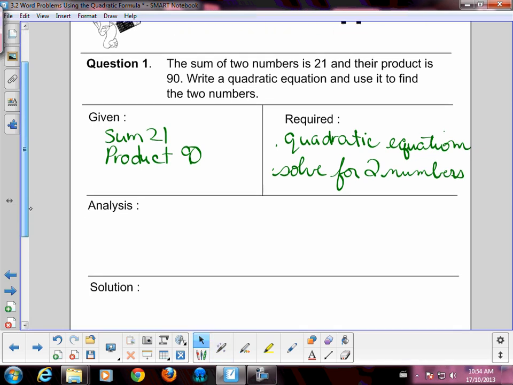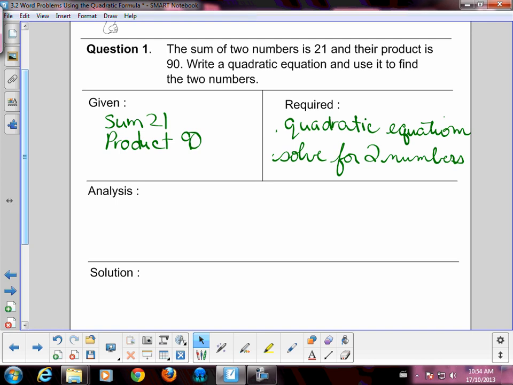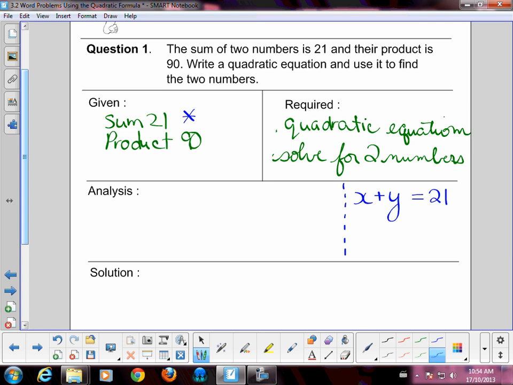So let's go see what we need to do with this. You remember doing a lot of this in grade 9, because in grade 9 you were expected to make let statements. The first thing we're going to look at is this sum of 21. Sum of 21 means I have a number and another number, and when I add them together, I get 21. From grade 9, we would let x represent one number, and the other number we would express using this relationship with the variable x as well.